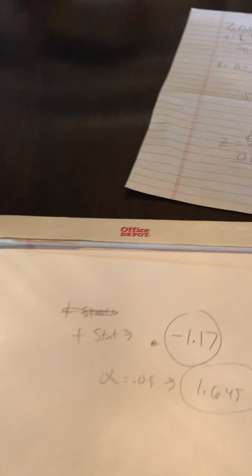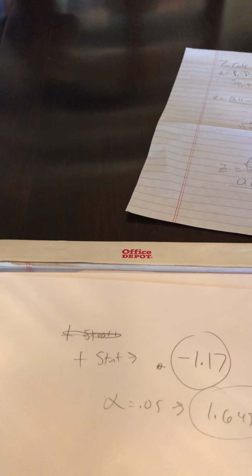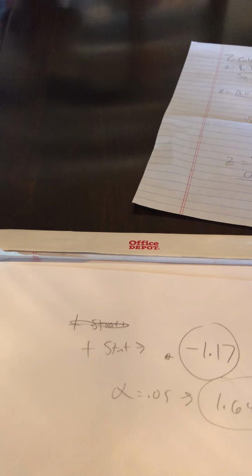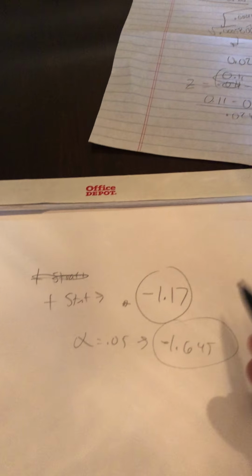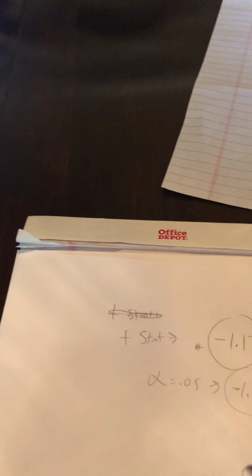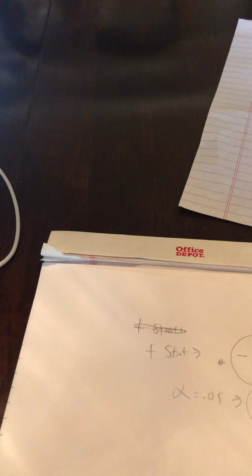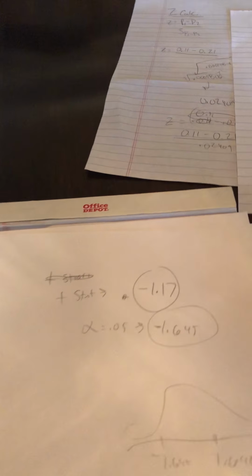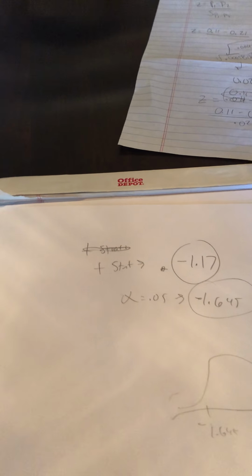Now, just like the Z table, the t table also is symmetrical. So it's really the negative 1.645. It's kind of the same thing as if you had 1.645 and then negative 1.645. Remember, they're symmetrical, so we can always test positives or negatives depending.